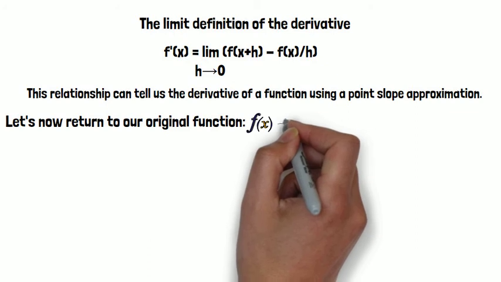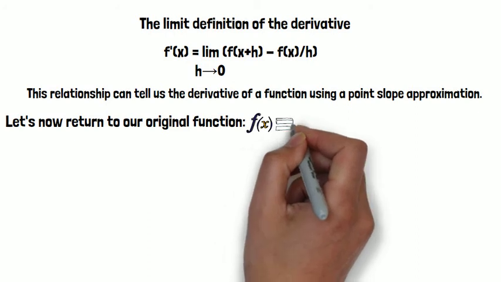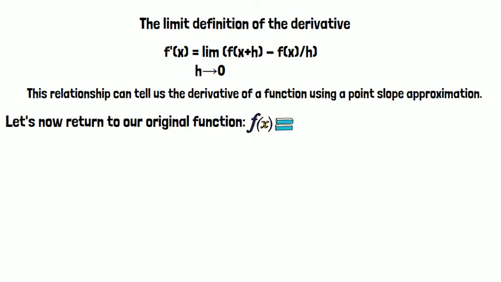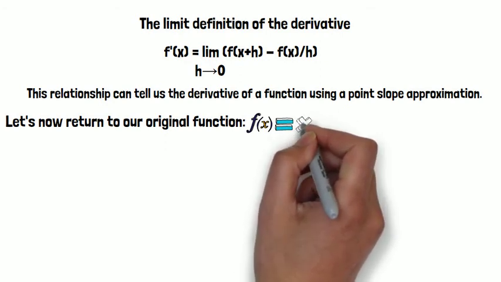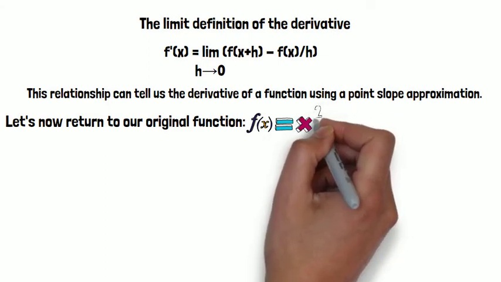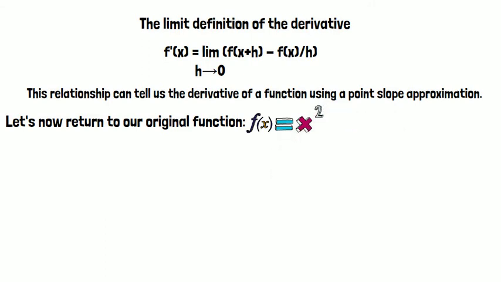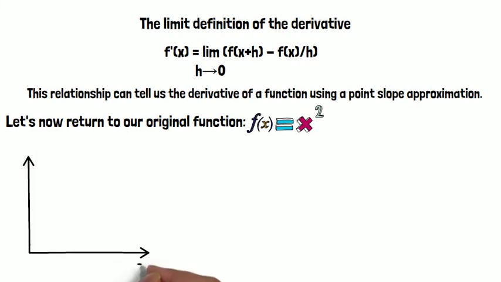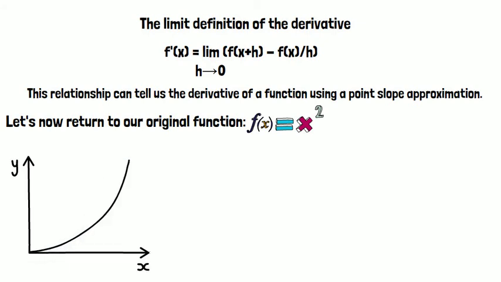What we're really doing is plugging in our function, which is, in this case, f of x equals x squared, into the limit definition of the derivative. We cancel everything through, and then we come down to an expression that represents the function f prime of x, which can be used to find the derivative at any value of x, which is the slope of the tangent line at that point.